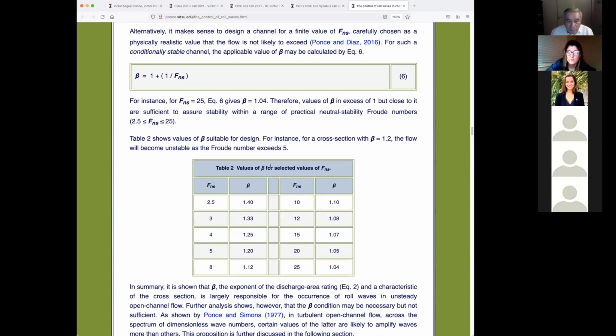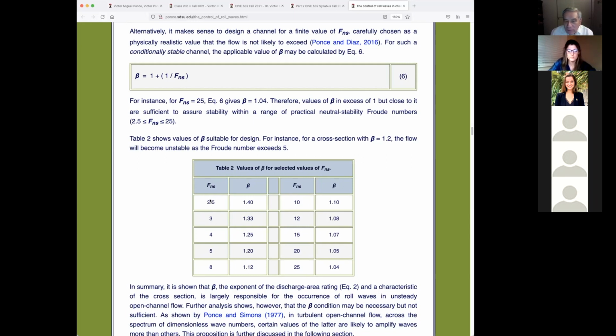And now this is an important table, by the way. Values of beta for selected values of Froude neutral stability. So if we want Froude neutral stability of 2.5, the beta has to be 1.4. Okay.